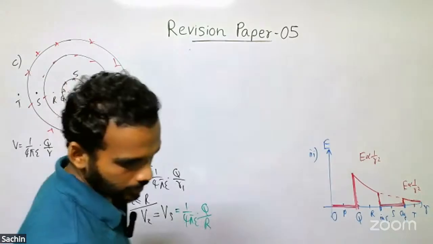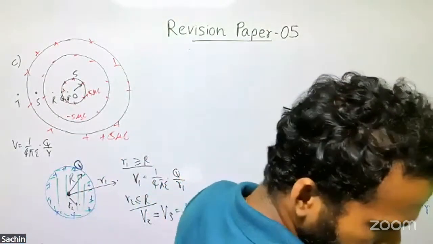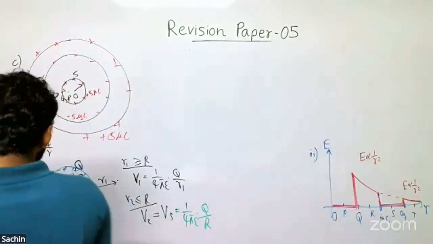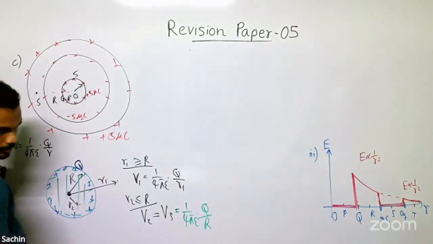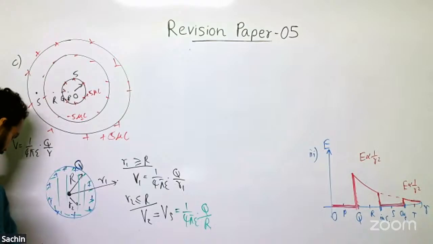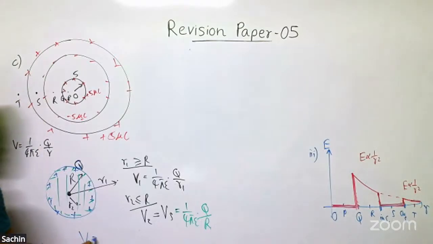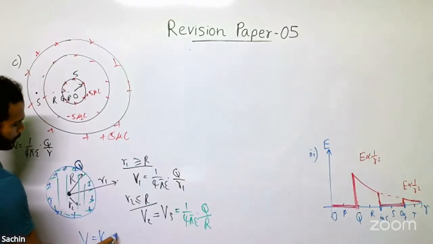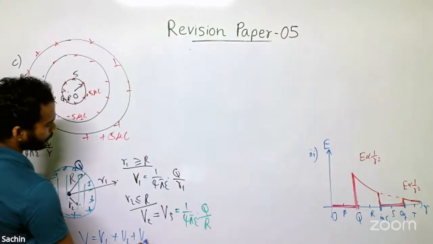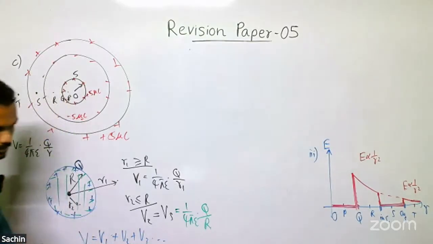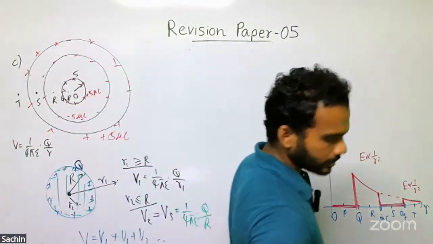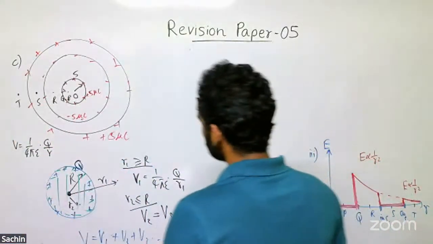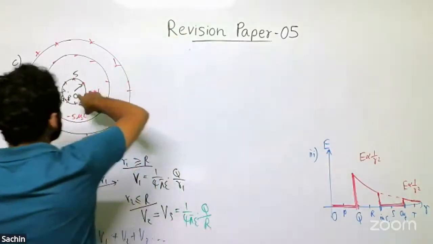Just remember, if there is a set of charge distributions, then the total potential at a certain point is given by the sum of the different potentials. Okay, so the same thing is to be used here.